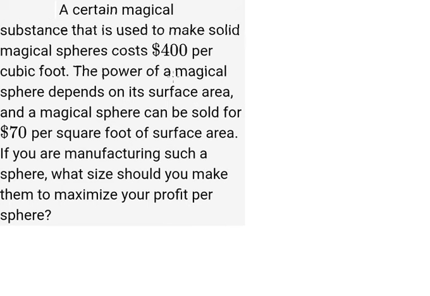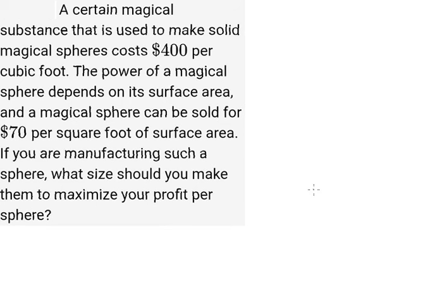The power of a magical sphere depends on its surface area, and a magical sphere can be sold for 70 US dollars per square foot of surface area. If you are manufacturing such a sphere, what size should you make them to maximize your profit per sphere?